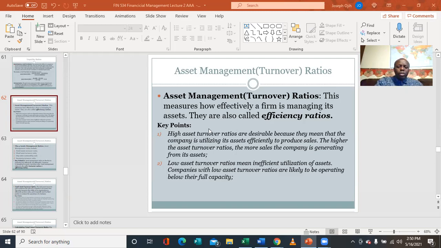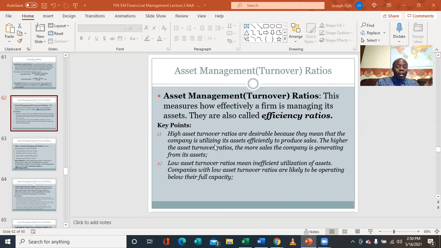Sometimes we call the asset management ratios efficiency ratios. Like I said, they are good because if you have a high asset turnover ratio, that means your company is utilizing its assets efficiently to produce sales.